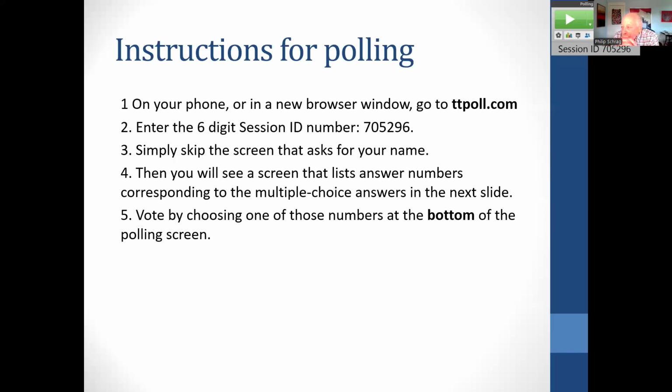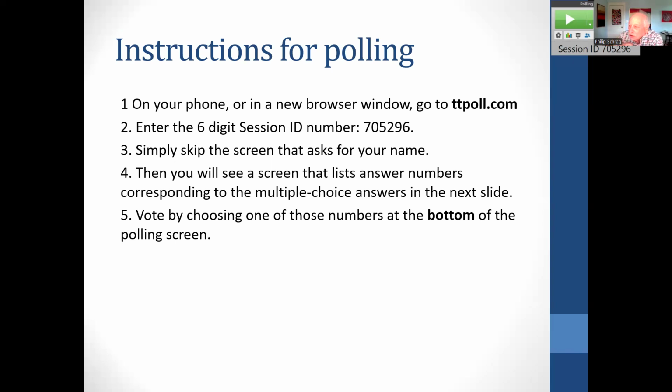Simply skip the screen that asks for your name, because my polls are anonymous and for a reason. We don't want any student to feel embarrassed by their answer, even if they're the only one who votes for an option. And then you'll see a screen that lists answer numbers corresponding to multiple choice answers in the next slide. And you're going to vote by choosing one of those numbers at the bottom of the polling screen.